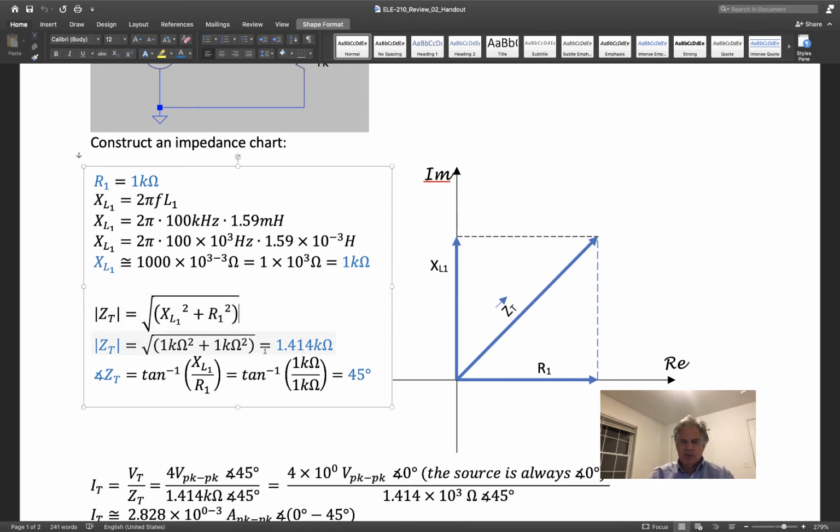So using the Pythagorean theorem, of course, our axes are at right angles, this vertical and horizontal are at right angles. So we can see that ZT forms the hypotenuse between this horizontal side R1 and the vertical side XL1.